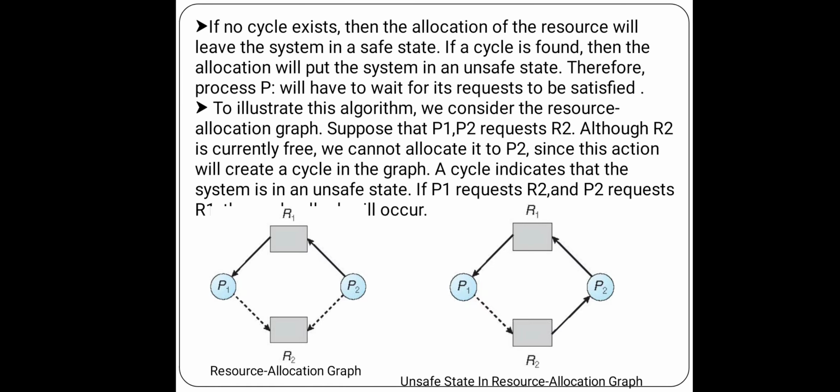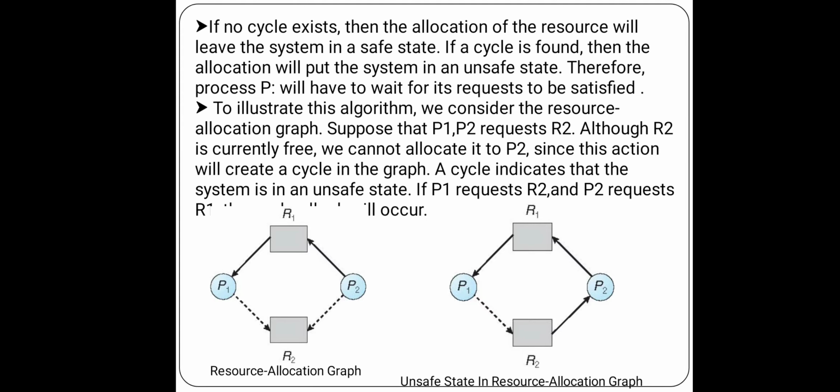So if P1 requests R2 and P2 requests R1, then see here, it allocates R2 for P1. So there is no way of a deadlock occurring. Hope you understand my point. Here R2 is free. Both P1 and P2 request the resource R2.